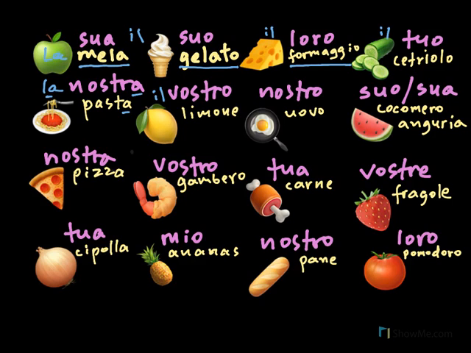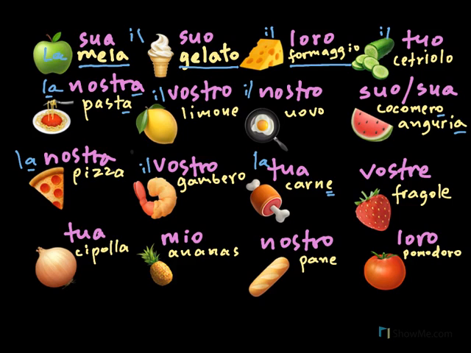Uovo, il nostro uovo. This word has two main names in Italian: cocomero, masculine, or anguria, feminine, so it will be il suo cocomero or la sua anguria. La nostra pizza, because it is all feminine, singular. Il vostro gambero, la tua carne.